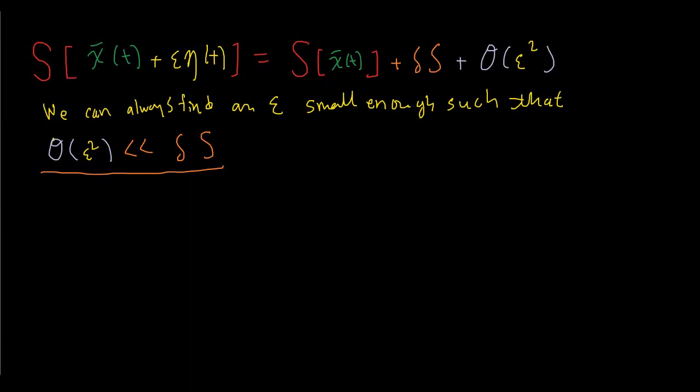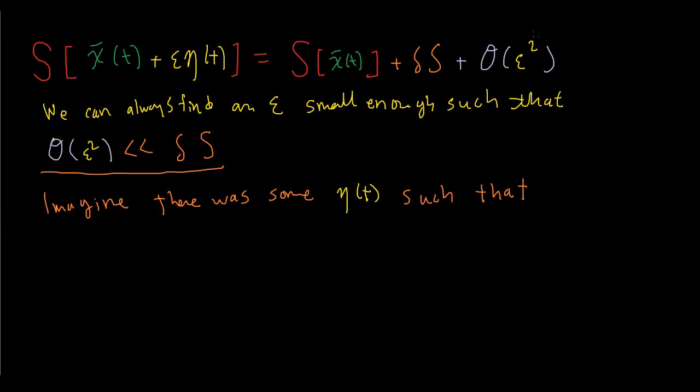So imagine there was some eta of t such that delta S wasn't equal to 0, right?